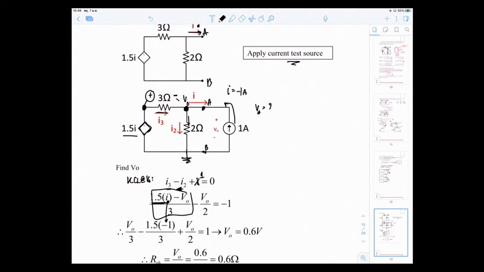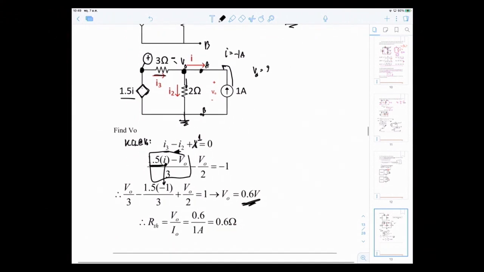Therefore you get V out equal to 0.6 volt. It's as easy as that. So your RTH is equal to V out divided by the test current source of 1 amp, so it's 0.6 ohm.